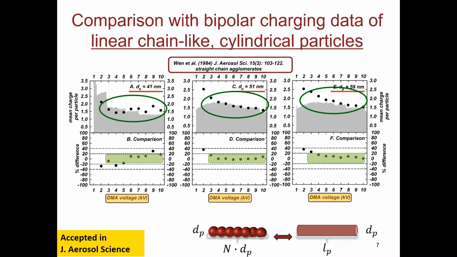In these instances, the difference percentage is around 30 to 40%, but no higher overall. In total, this figure indicates the ability of the Langevin dynamics-based collision kernel to predict the charge distribution of nearly straight-chain particles.